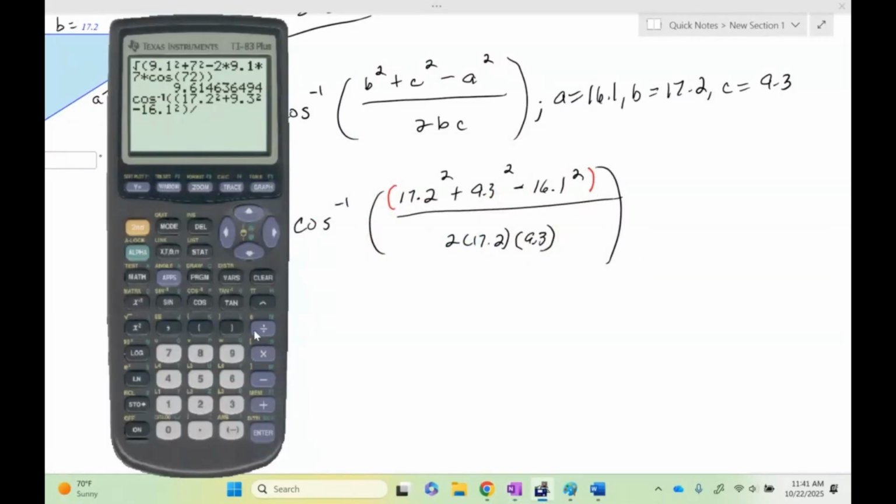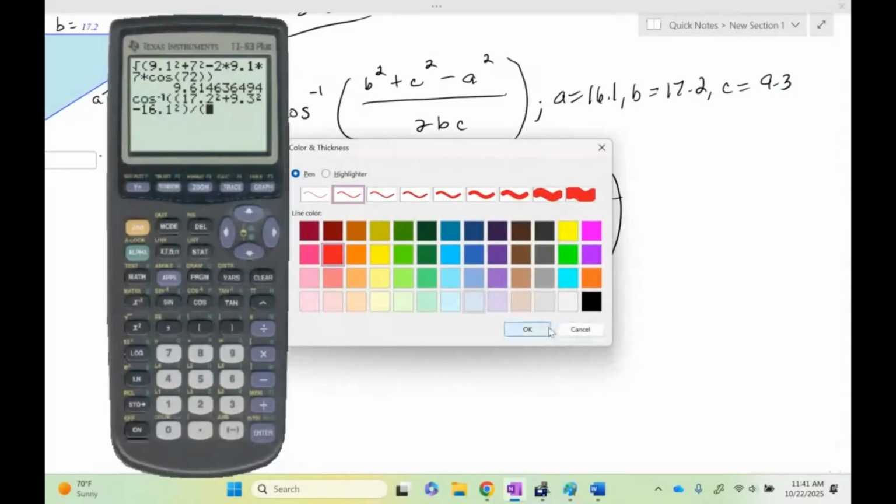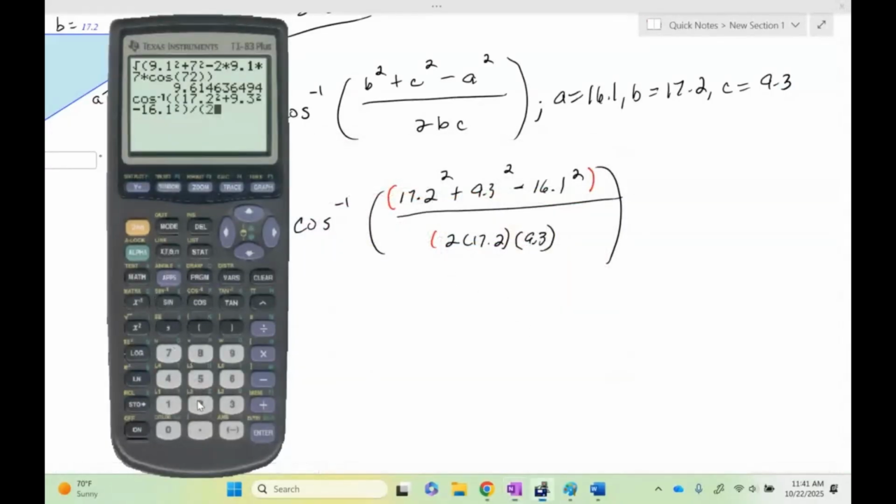Divided by, I'm going to open up a set of parentheses for my denominator. So I'm going to put in 2, and I'm not using these parentheses. I'm going to use the multiplication. Times 17.2 times 9.3.